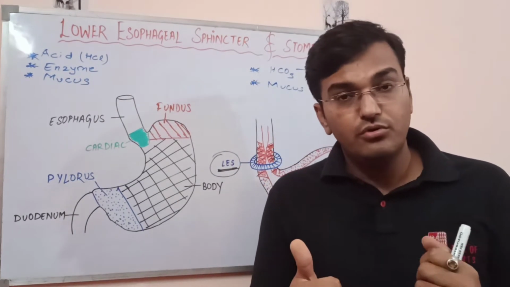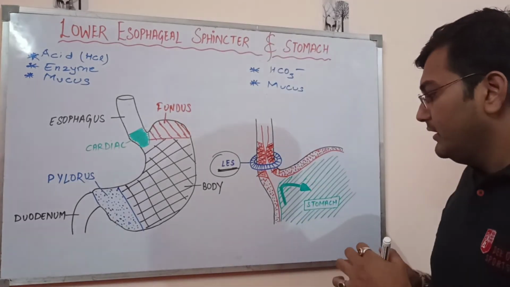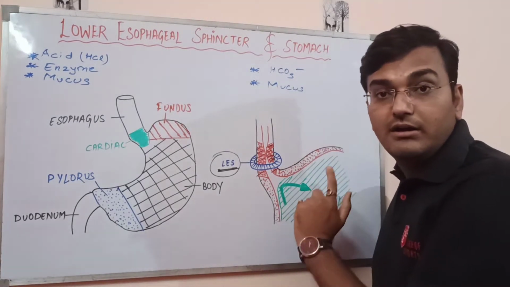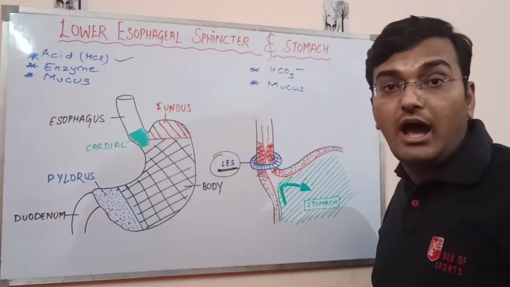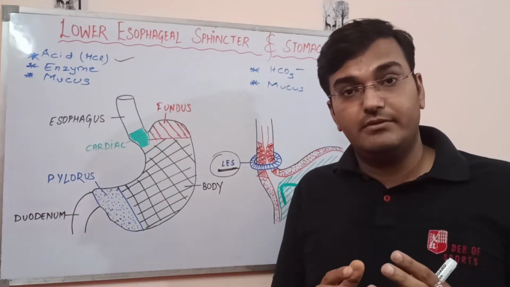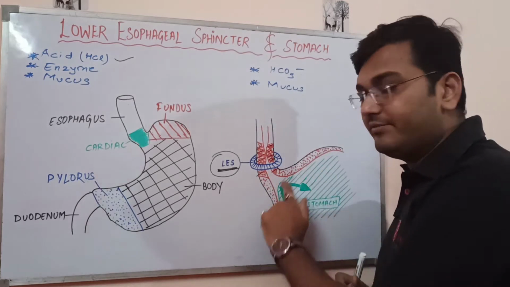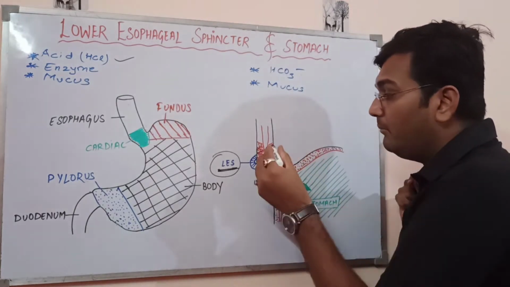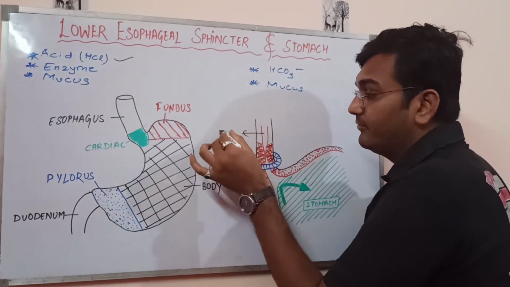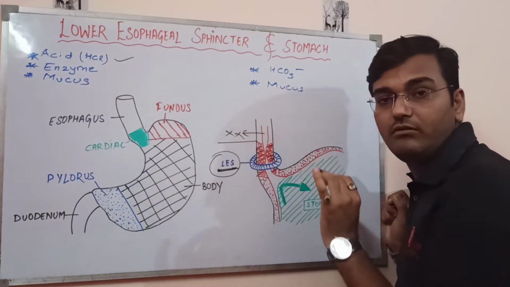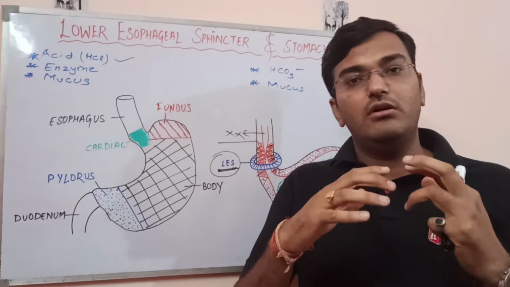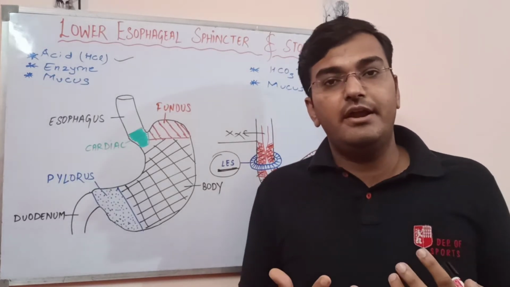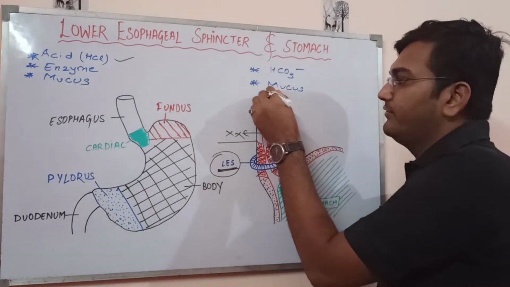Why so? The reason is, if we talk about the stomach, the stomach content is highly acidic because of the presence of HCl, hydrochloric acid, in it. And this acid would harm the layers of the esophagus. Yes, the esophagus also has a protective covering of sorts, that we call mucus.